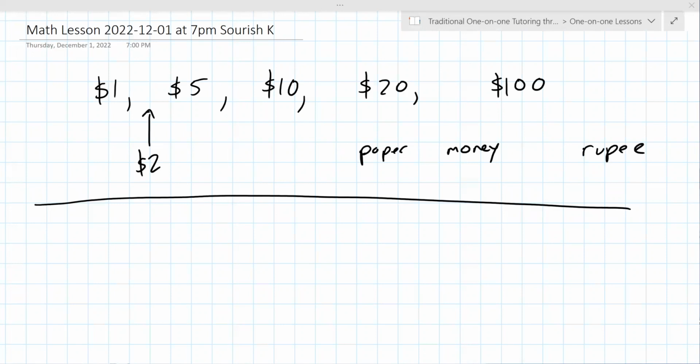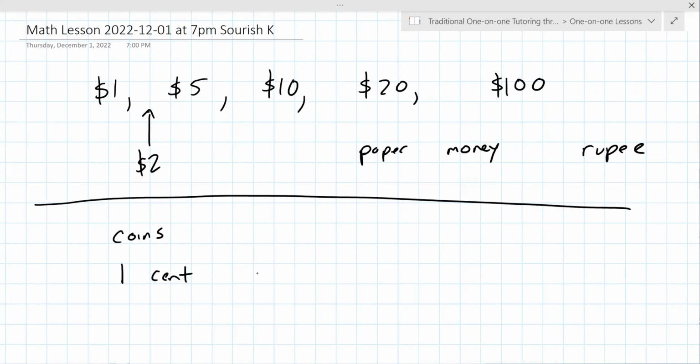Okay. But in this country, we use dollars, and we have a $1 bill, a $5 bill, a $10 bill, a $20 bill, and a $100 bill. Now, how about coins? What is the smallest coin, not in size, but in value, that we have in this country?